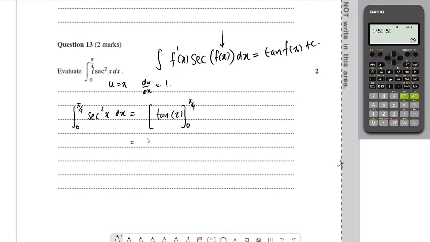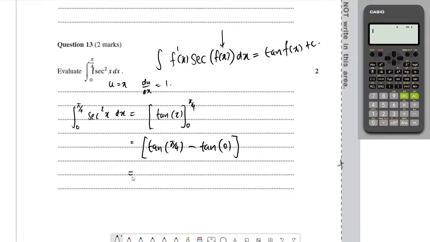So substituting these values in, we get tan of pi on 4 minus tan of 0. Okay, let me just double check that 0, because I'm not 100% confident. Yeah, okay, it's fine.